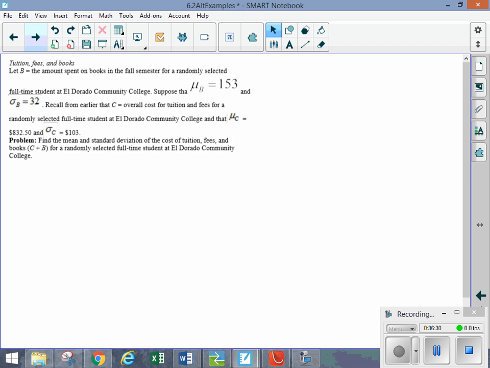The mean amount spent on books is $153, and the standard deviation is $32. So we've got to find the mean and standard deviation for the cost of tuition, fees, and books. In other words, adding probability distribution C plus fees for a randomly selected full-time student.